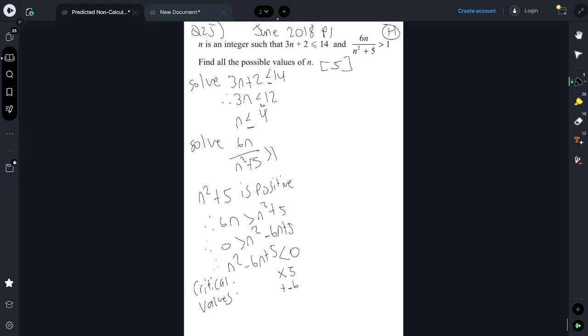It's going to be minus 5 and minus 1. So it's going to be n minus 5, n minus 1, because minus 5 times minus 1 gets you 5, and they add to get minus 6. That means the critical values are n is 5, n is 1. Cool.